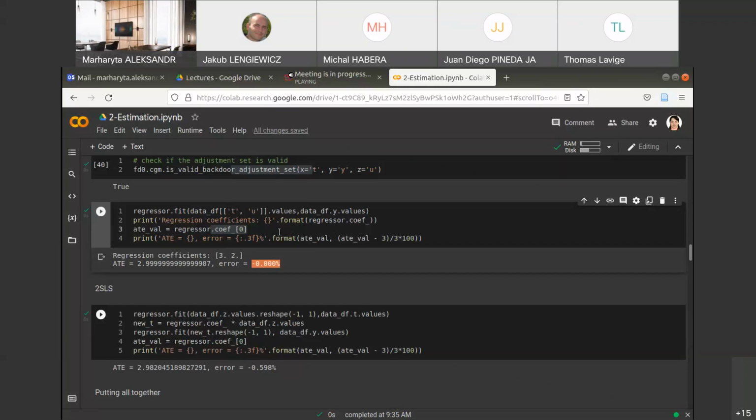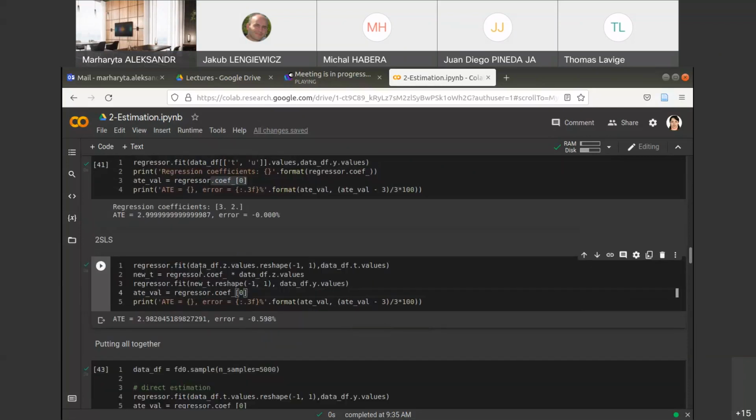Now the question: what if we didn't have this variable u in our data set? Is there any other possible way? And as we discussed, we can try to use the two-stage least squares method. Here it is. Essentially, first we regress the variable t on the variable z. And then we calculate the new values, t star, by predicting the values of t from the given values of z using this regression coefficient.